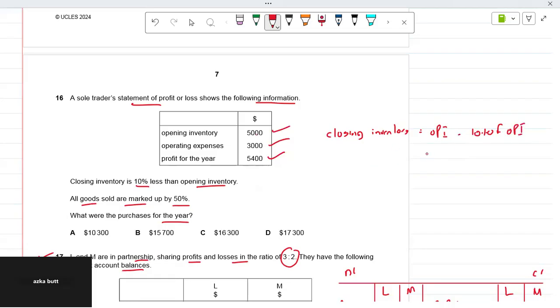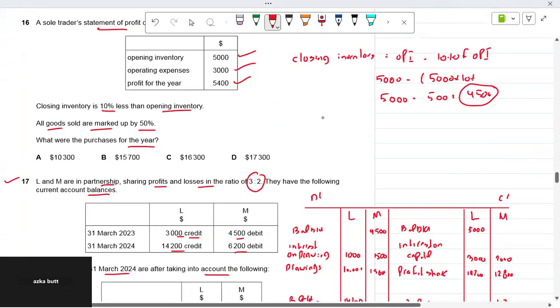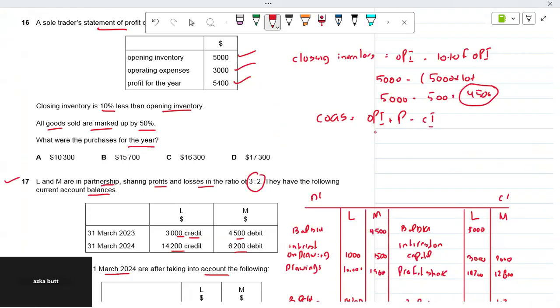So opening inventory is equal to 5,000 minus, if we multiply 5,000 by 10%, you will get 500. So this is equal to 4,500. So 4,500 is the closing inventory. Now we are going to determine the cost of goods sold, and this is equal to opening inventory plus purchases minus closing inventory. So opening inventory is 5,000.